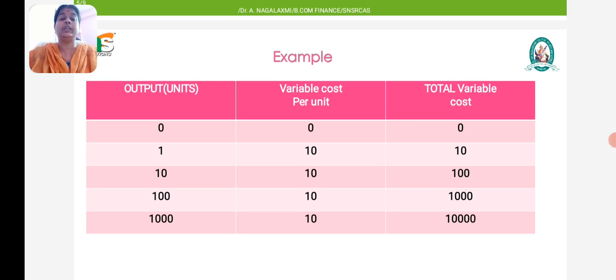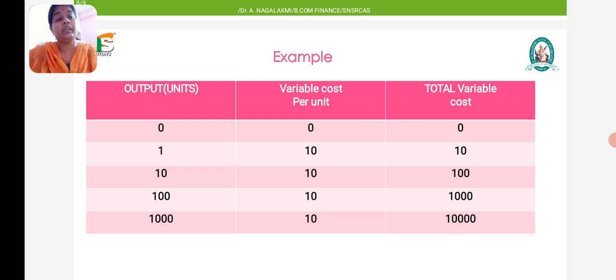If 0 units is the output, the total variable cost will be 0. If the volume of your output is 10, then the total variable cost will be 10.